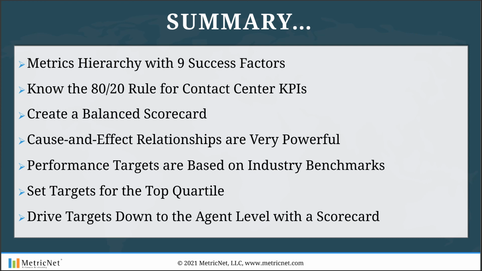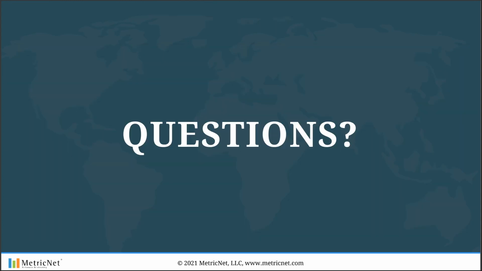And you can't get great performance out of a contact center unless you get great performance out of the individuals that work in the contact center. And so the balanced scorecard that we showed is applicable at the contact center level as well as at the individual agent level. The key to getting great performance out of a contact center is to drive targets down to the individual agent level. Again, accountability, visibility, transparency. This is what good metrics do for you.